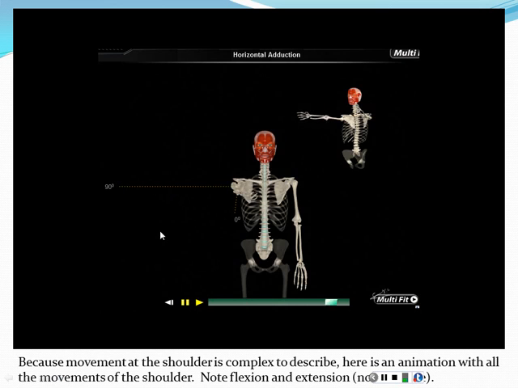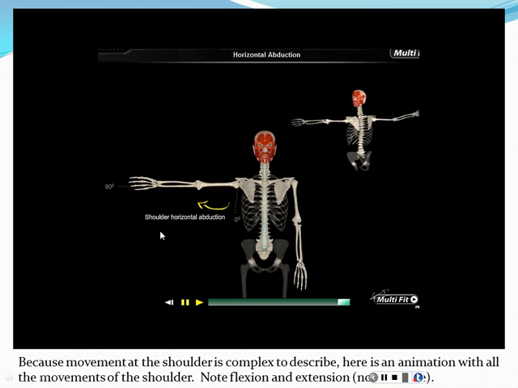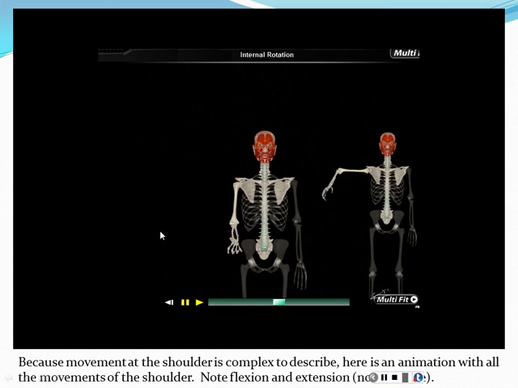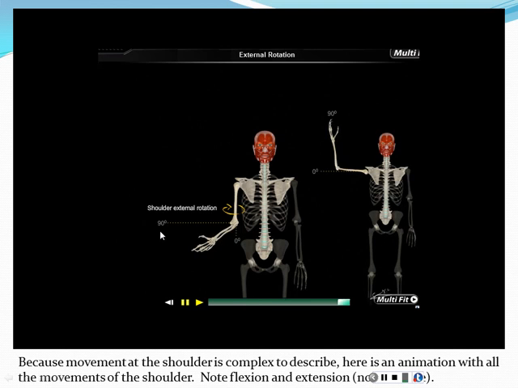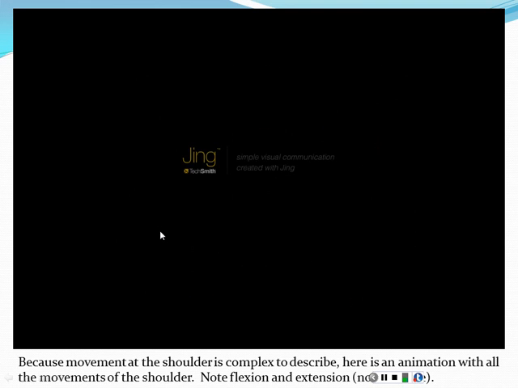There's horizontal abduction and adduction, because we can move the arm like that. And then we have our rotation. So we have internal rotation and external rotation. That humerus can spin in its socket and move the hand up and out. The one that's probably least intuitive is that whole flexion extension business.